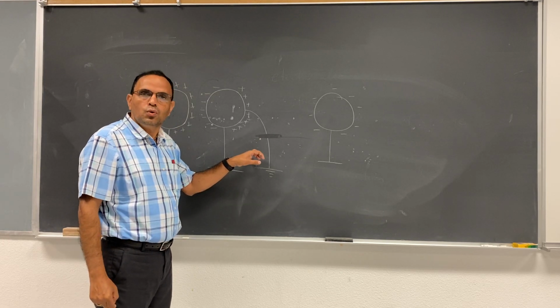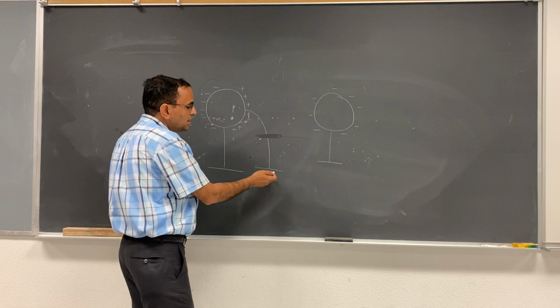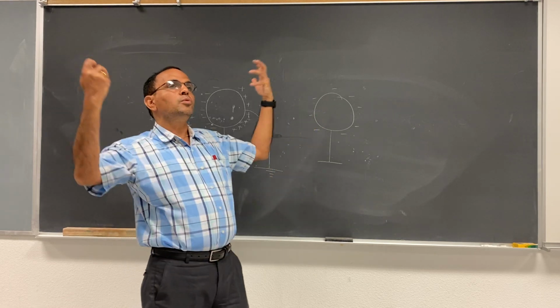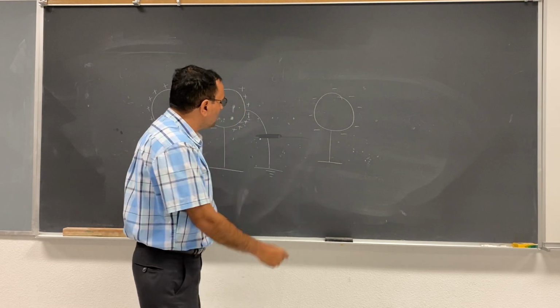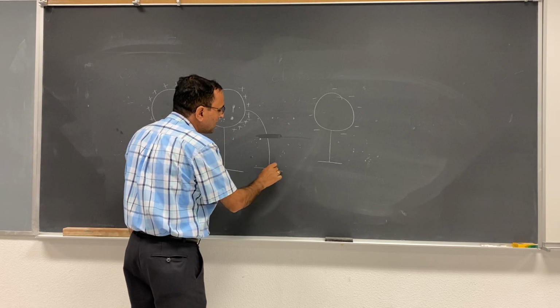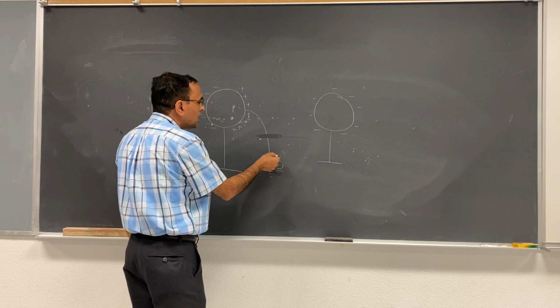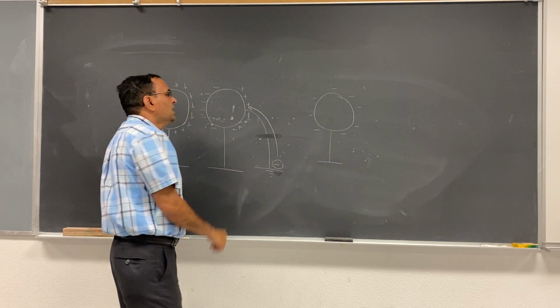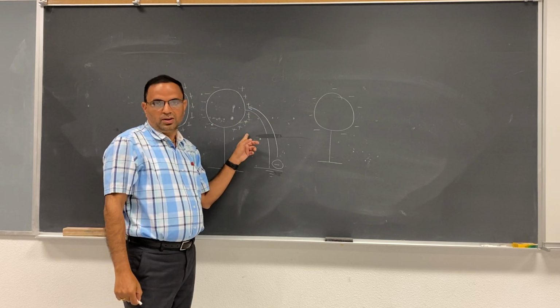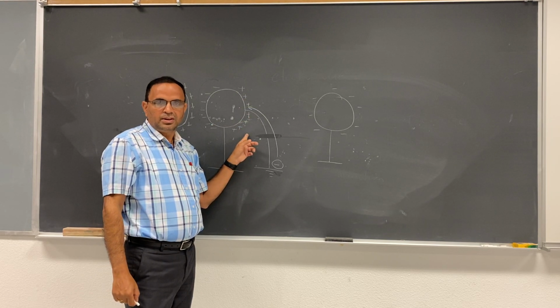We can use that word, but actually what happens is the ground has an enormous amount of electrons. So the electrons go from the ground to there and neutralize the proton. You understand me?